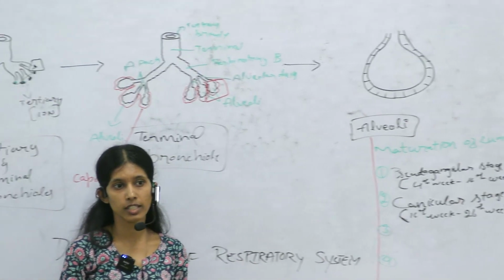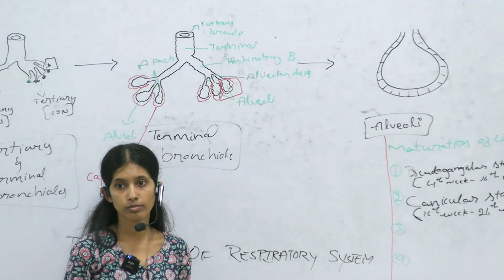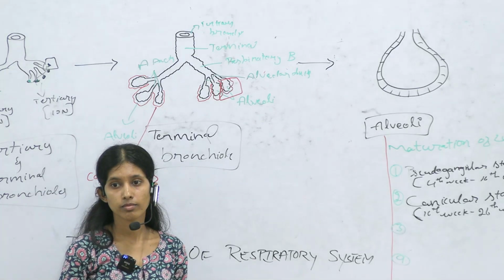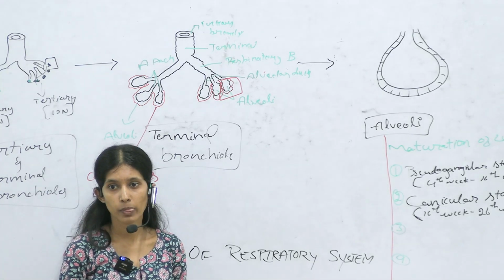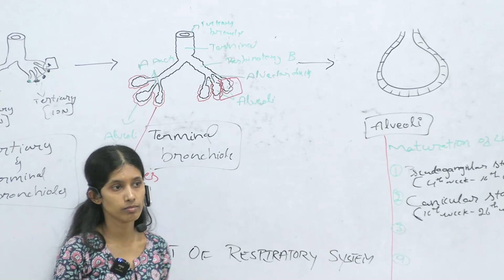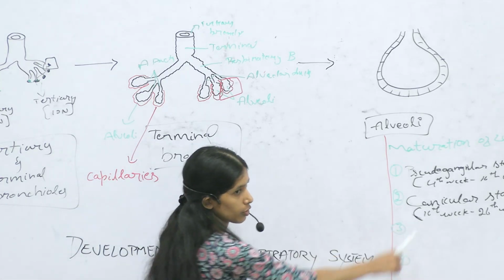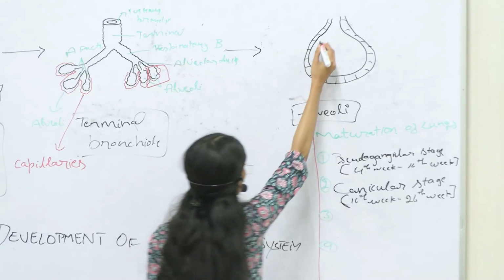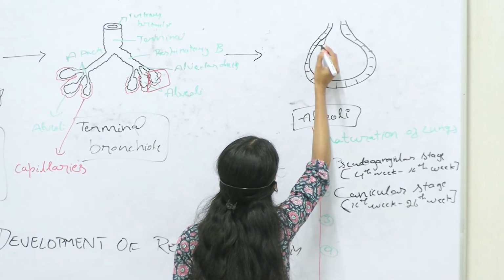What cells can we see in alveoli? Okay. Any other answers? Okay. In this particular stage, we can see the alveoli covered by your cuboidal cells.